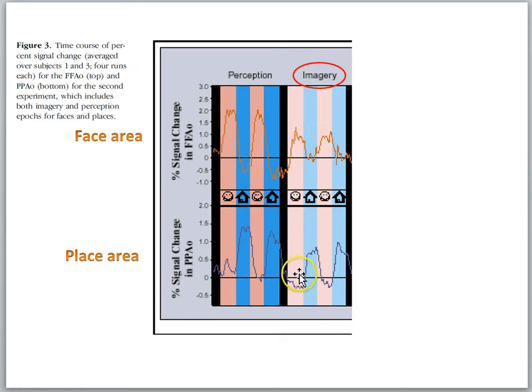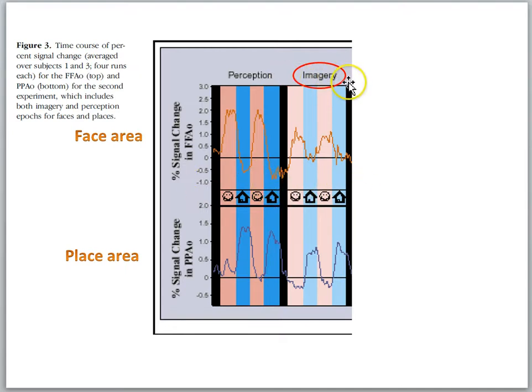Notice in the place area we don't have any increase in signal when the person's imagining a face. But then if they imagine a house, the activity in the face area goes down, activity in the place area goes up. And so again we get that same kind of pattern that we saw for perception. We see that again in imagery.